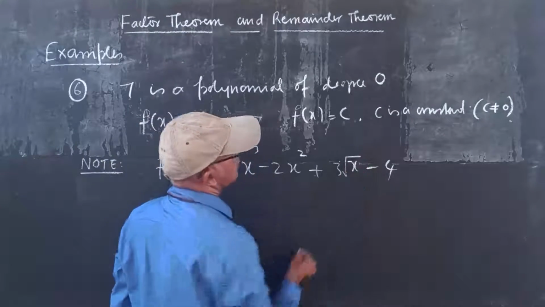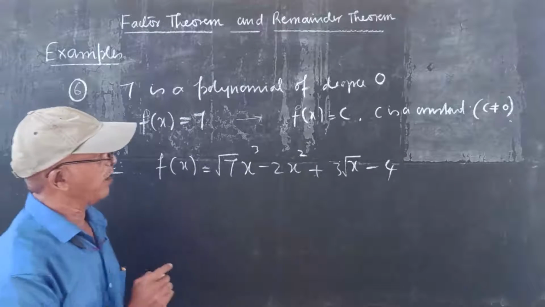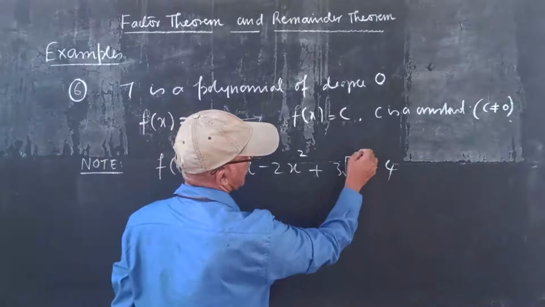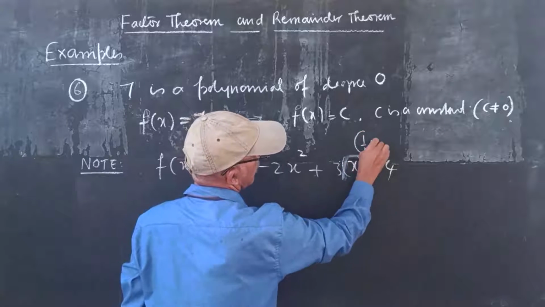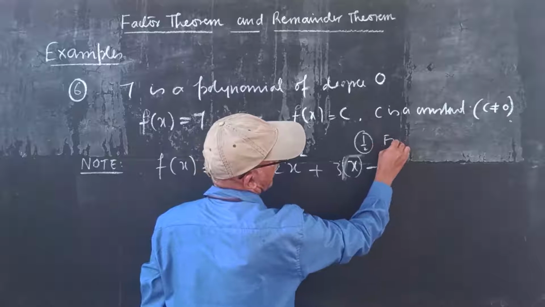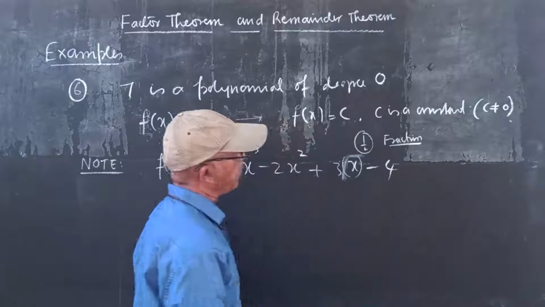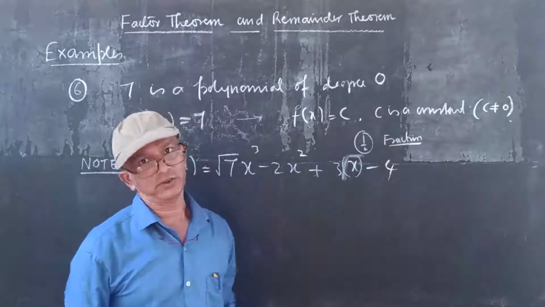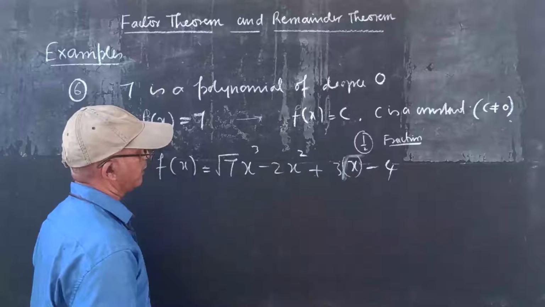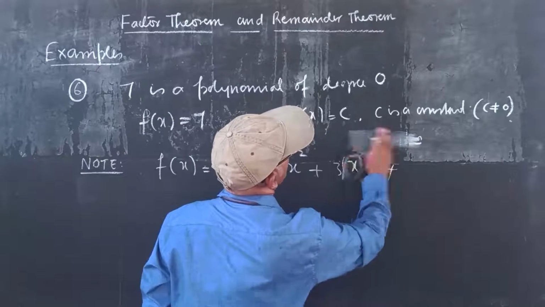Suppose I write root x here, it is not a polynomial. Why? Because root x means x to the power of half. So this is a fraction. So the index or the exponent should not be a fraction. If it is a fraction, we say it is not a polynomial.